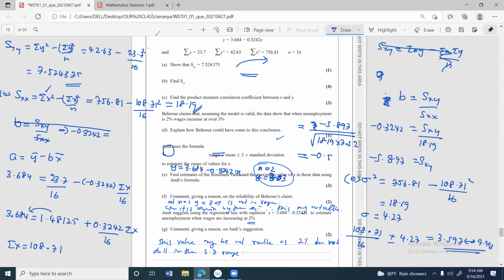That's the answer we need to write for this question. Because when you get the 2%, it's already falling outside the range. So either that conclusion is wrong or this regression model may not be appropriate to get this answer. That's the answer you need to write.